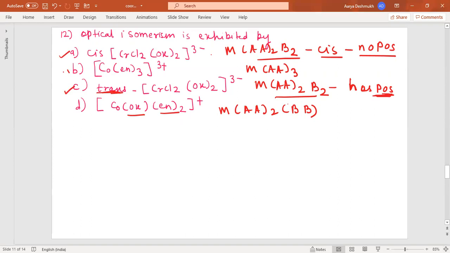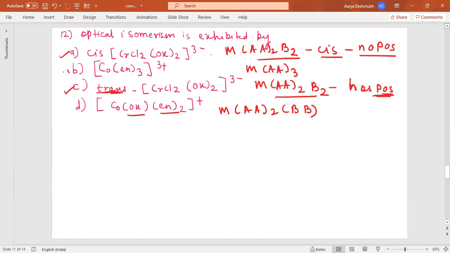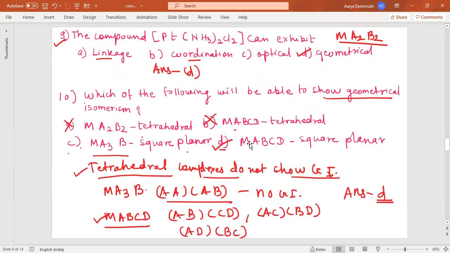Now the next one: in a square planar complex of the type MABCX, the number of geometrical isomers can be 3, 2 or 4. Now here, square planar complex, and this is the type. You can refer to question number 10 here for this MABCD type of complex.